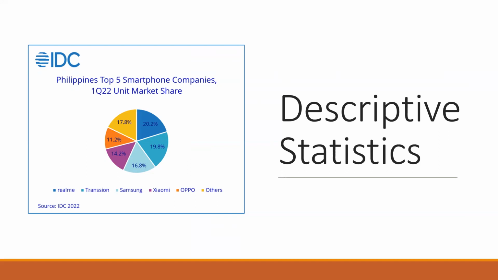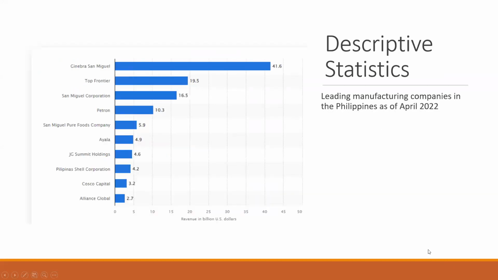But by converting that into a visual pie chart, it is easy now to see that the top smartphone company is Realme. You can also create a bar graph, and you can easily see that as of April 2022, the leading manufacturing company is Ginebra San Miguel. Sorry about that.